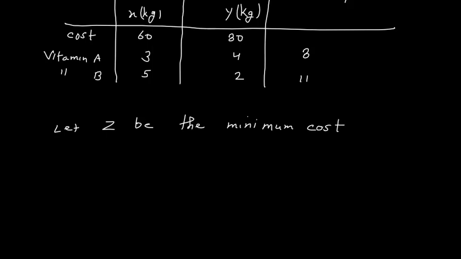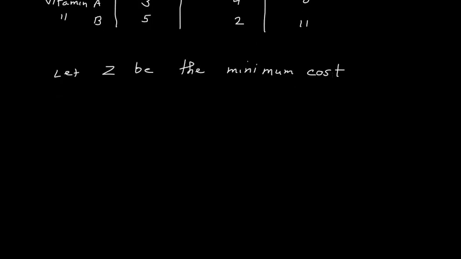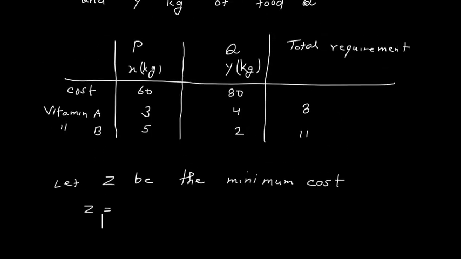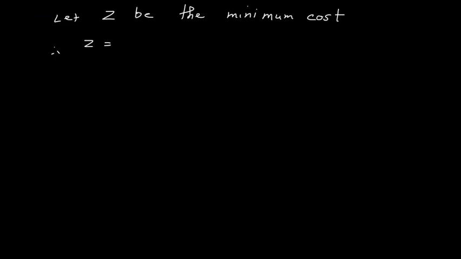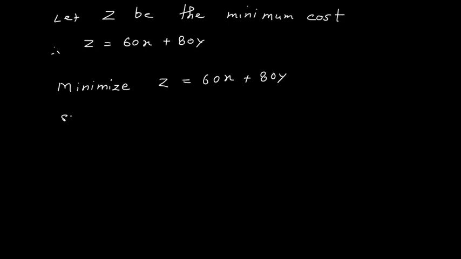So mathematically we can write, Z is the minimum cost, so the value of Z will be 60x plus 80y. Therefore Z is equal to 60x plus 80y. Here we have to minimize Z equal to 60x plus 80y, subject to a few conditions we have to satisfy.